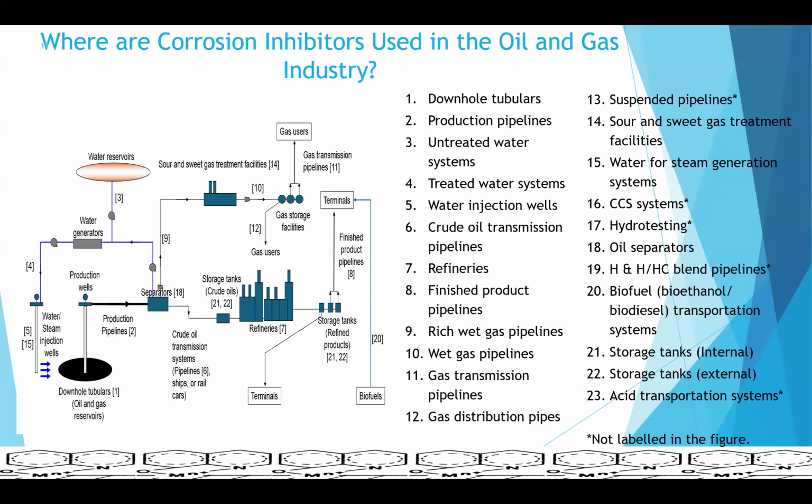Again, as I explained in the previous webinars, in the oil and gas industry, we use corrosion inhibitors under different operating conditions. With respect to inhibitor selection, evaluation, and application, the JIP classified the oil and gas industry into 23 applications.